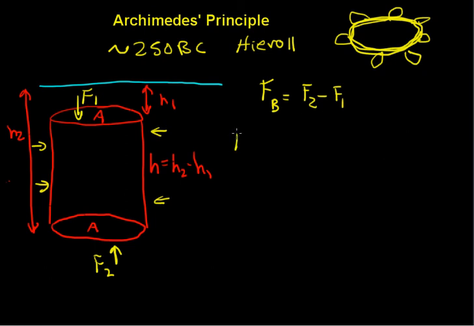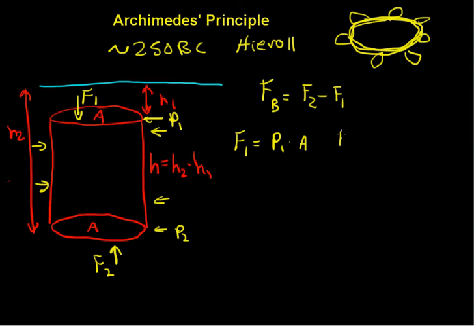If we want to talk about what F1 is, we can say, well, F1 is just the pressure at 1 times the area, right? Because force is pressure times the area. And so whatever the pressure is, P1 is just the pressure at that point, right? Similarly, we call this P2.